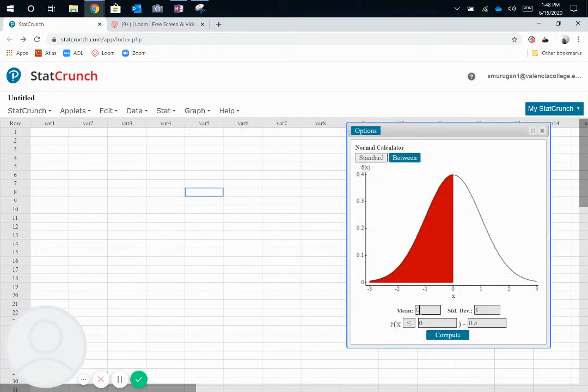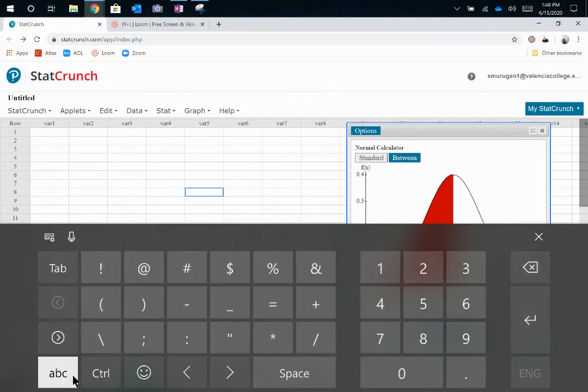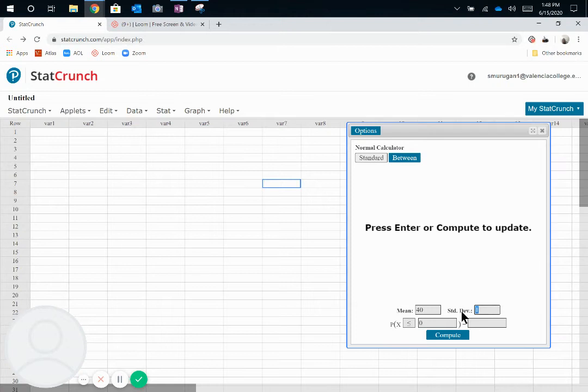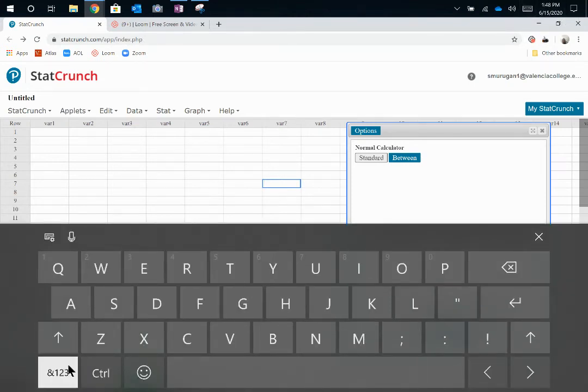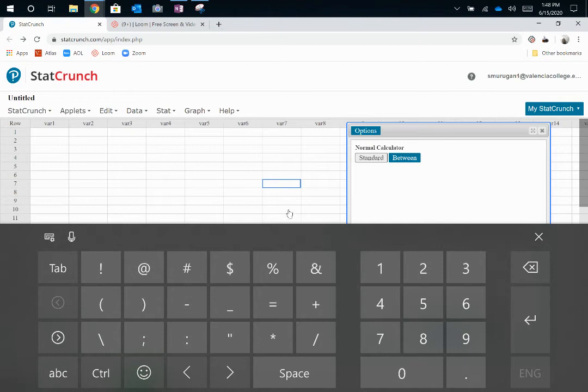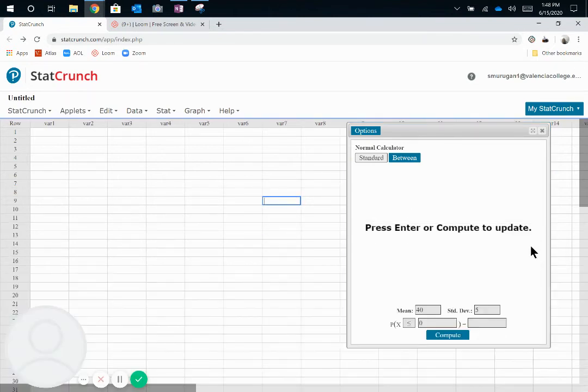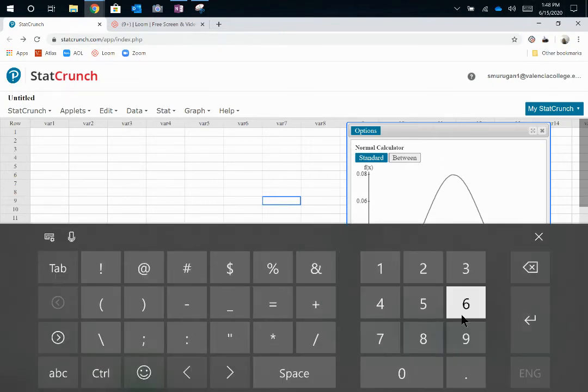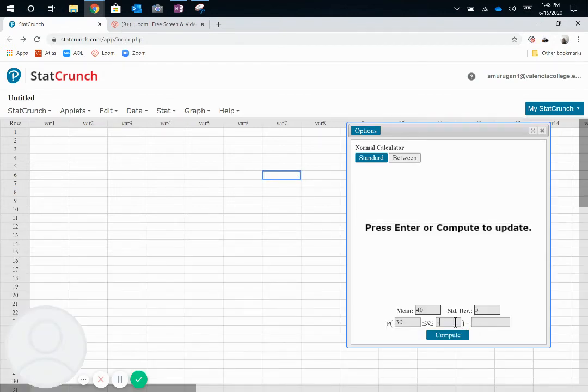We want a mean of 40, standard deviation of 5, in between 30 and 50.